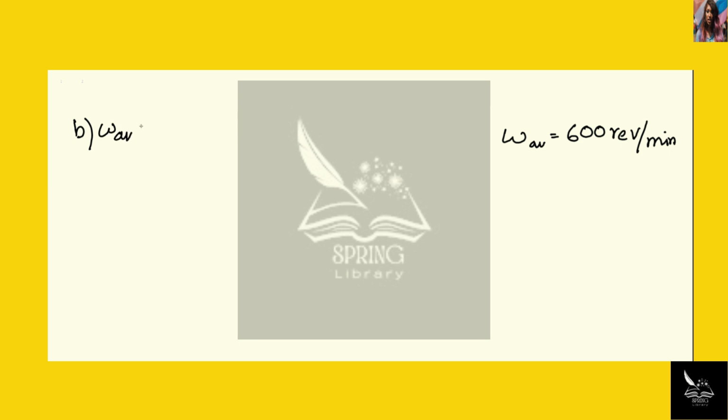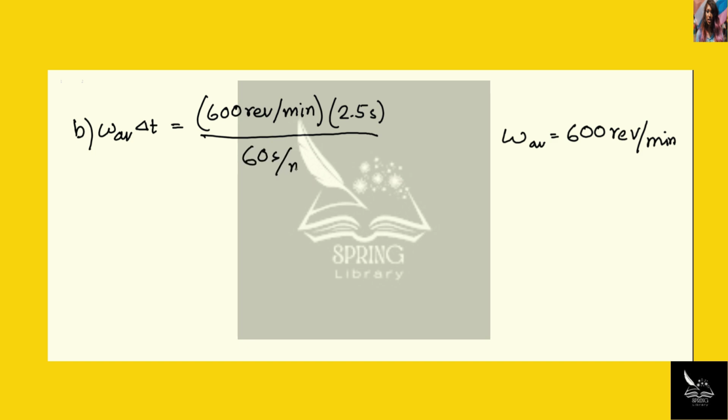So omega average delta t will be 600 rev per minute times 2.5 seconds divided by 60 seconds per minute. So we converted that to seconds, and that gives us 25.0 rev, which is 157 radians.